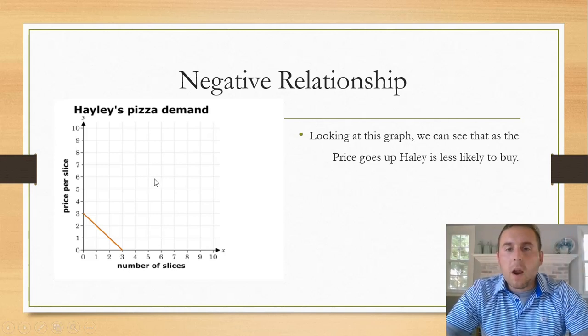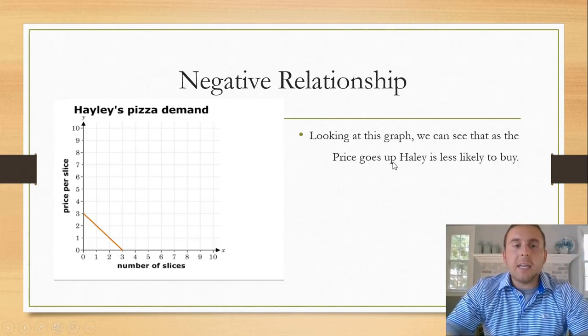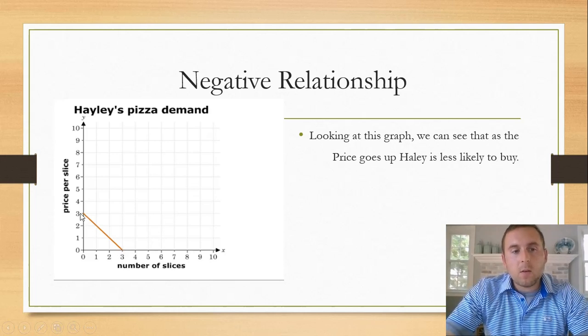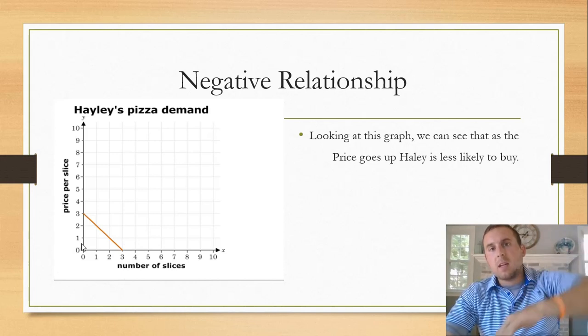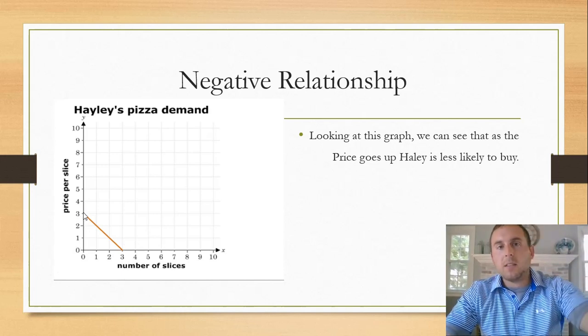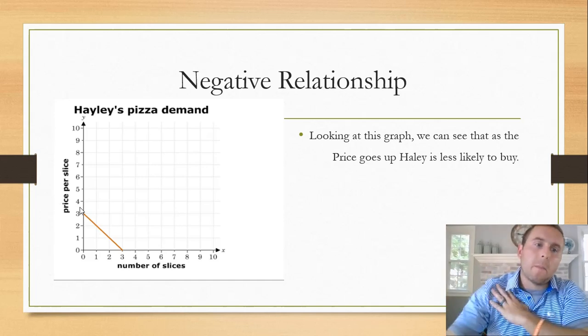And if the price is at zero, she's like, I'll take 3 slices. No problem. So we can see here that as the price goes up, Haley's less likely to buy. So her demand goes down. As the prices go up, the demand is going to diminish. As the prices go down, demand is going to go higher.